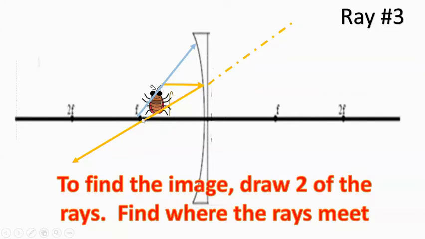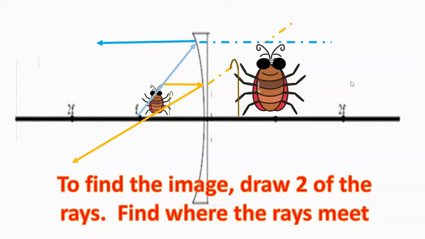Ray 3 will start from the focal point, go through his head, and then it'll bounce off in a parallel way. And then when we draw the virtual part, which is just a continuation of the reflected ray, we'll see it crosses right here with the first ray's virtual part. So two of the virtual rays are crossing right there, so that is where the top of the image is going to be.